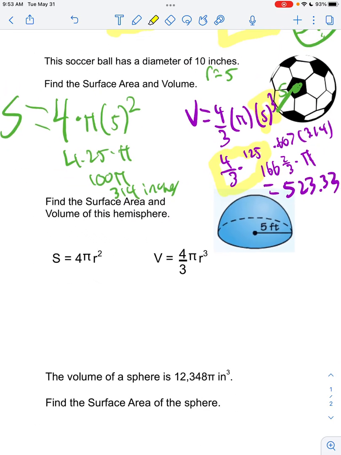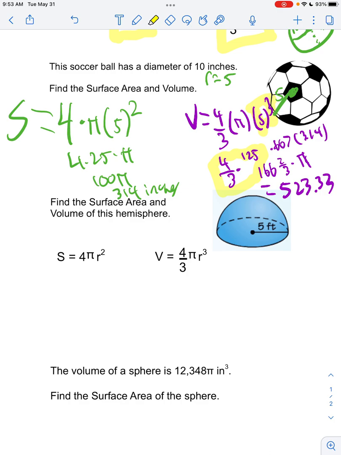If you think about this, again, let's critically think here. We have half of a sphere. Again, a hemisphere is half of a sphere. So if I have half of a sphere, what I really have to do to each of these equations is divide by 2.